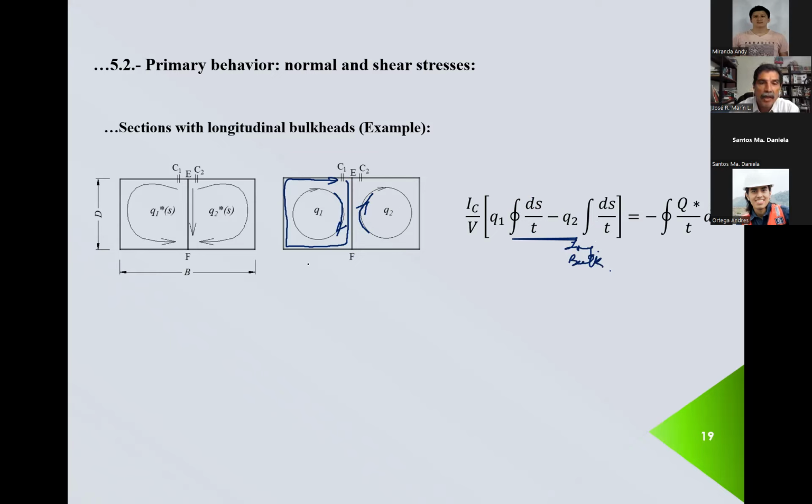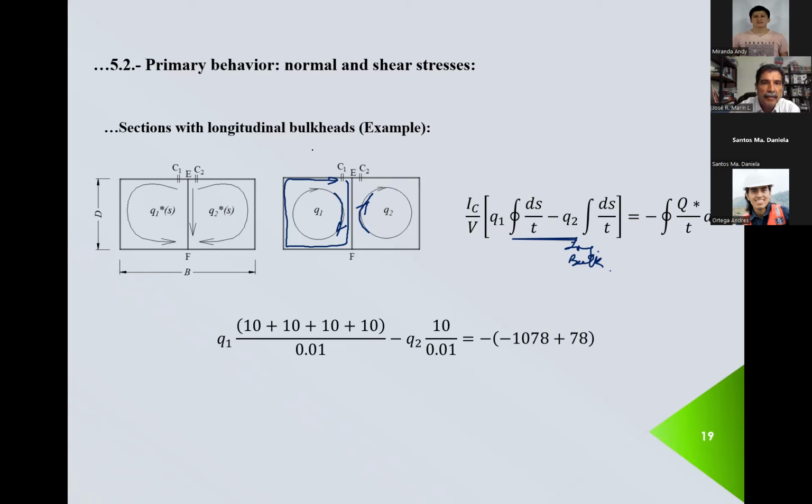Similarly, when I do the integration in the second cell, Q2 will be positive. But along this, Q2 goes up, but Q1 comes down. So in that case, I will need a negative sign for that. So we have Q1, we got 10, 10, 10.